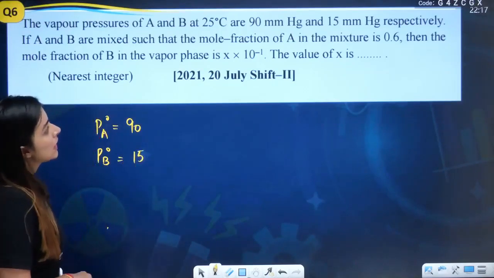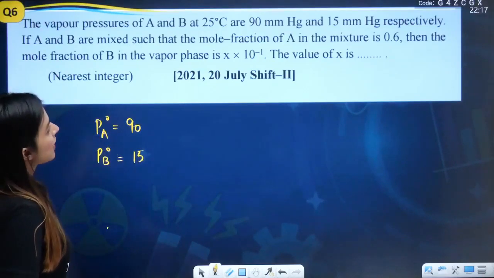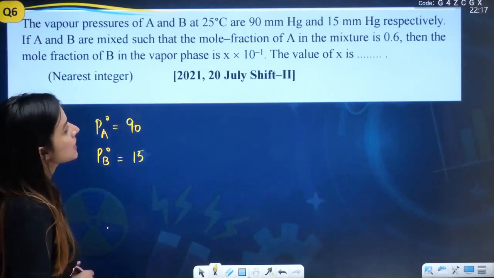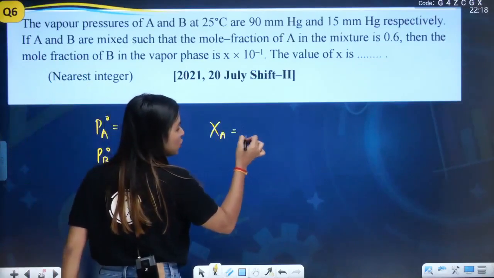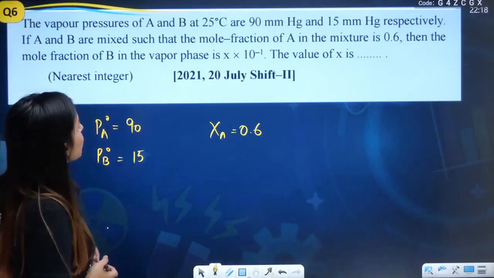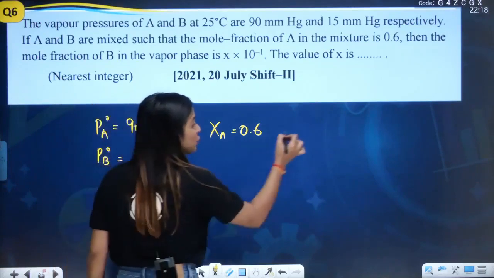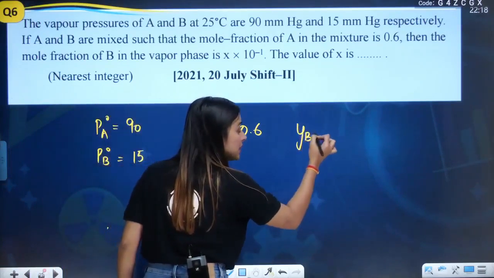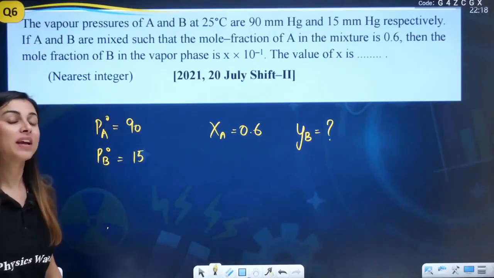If A and B are mixed such that the mole fraction of A in the mixture is 0.6, then the mole fraction of B in the vapor phase is what you have to tell.